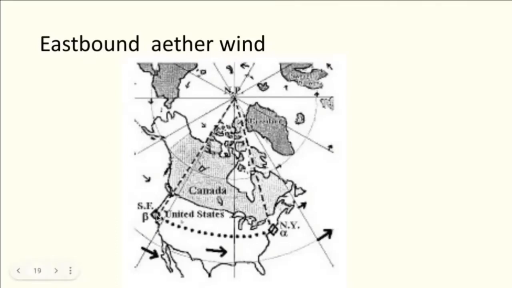However, if we send a signal from west to east, from San Francisco to New York, the radio signal will be boosted by the ether wind, and it will arrive earlier than we expect. In other words, the speed of light will be greater than c when we go from San Francisco to New York, and it will be c minus v if we send a signal from New York to San Francisco.